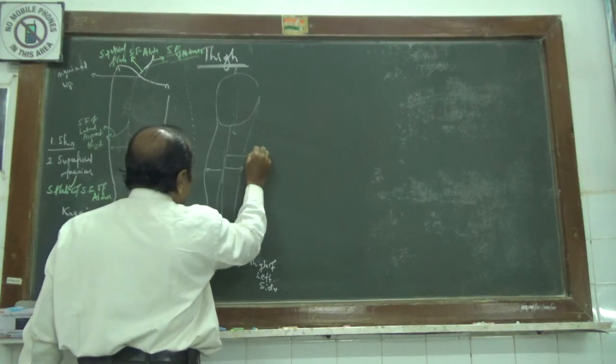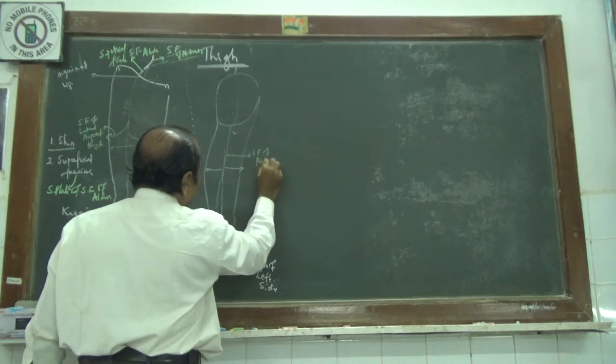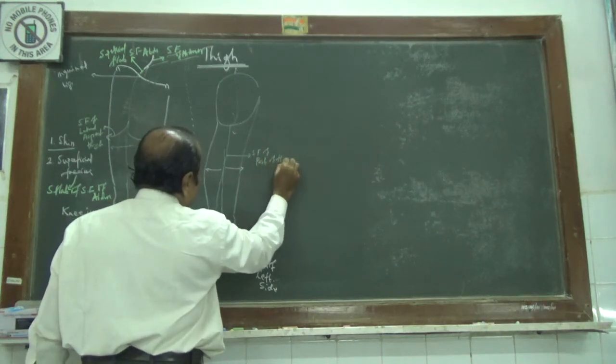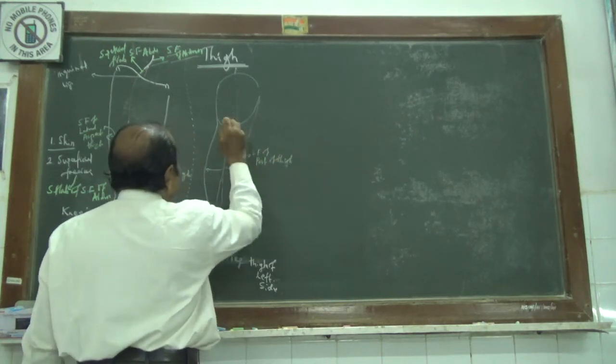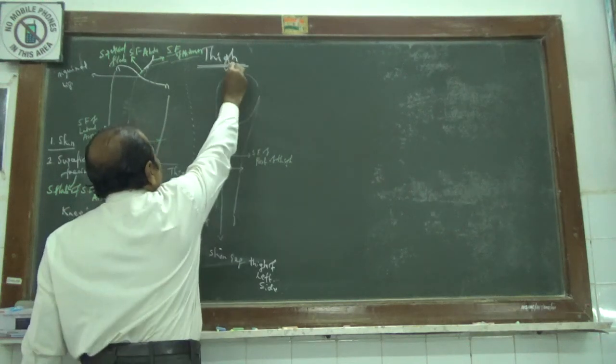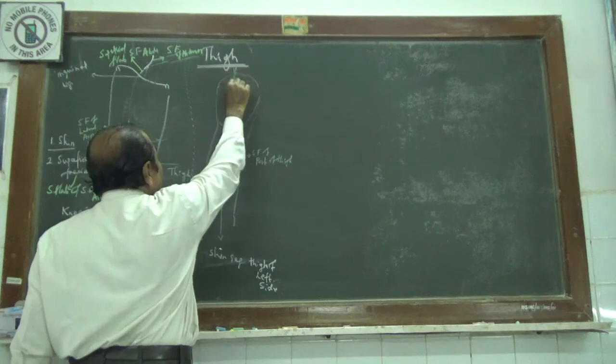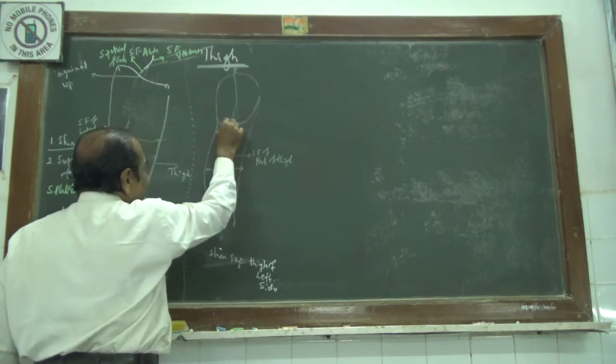This is the superficial fascia of the posterior aspect of the thigh. It continues from the superficial fascia of the waist and the superficial fascia of the gluteal region.